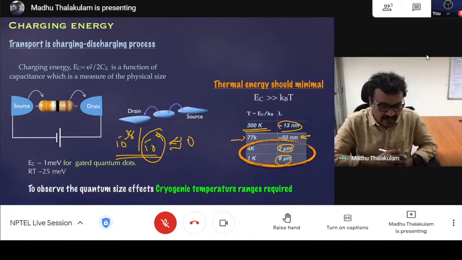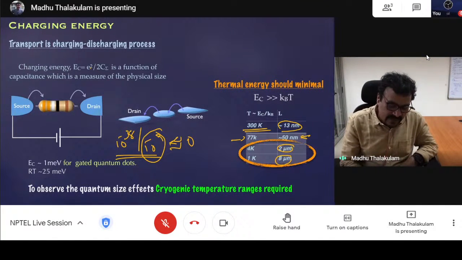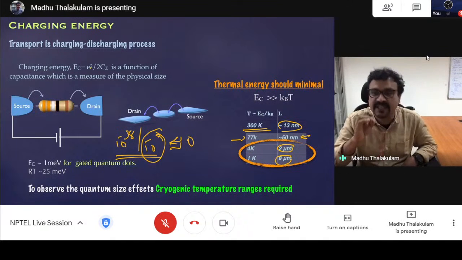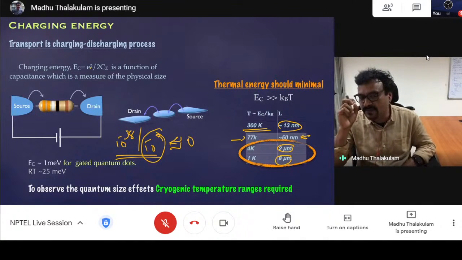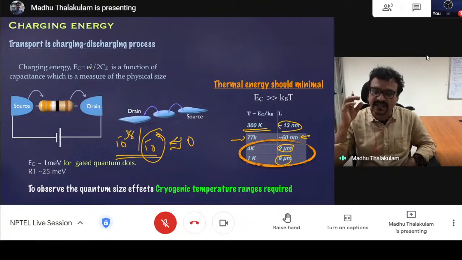So in a nutshell, what we can say is that to observe quantum size effects or quantum confinement effects, and especially this charging energy, you need cryogenic temperatures. This is not really a quantum mechanical effect. If you think carefully, it's a completely classical effect, but the quantum part comes in only because the charge is quantized, and that has a lower limit, that is the charge of the electron.